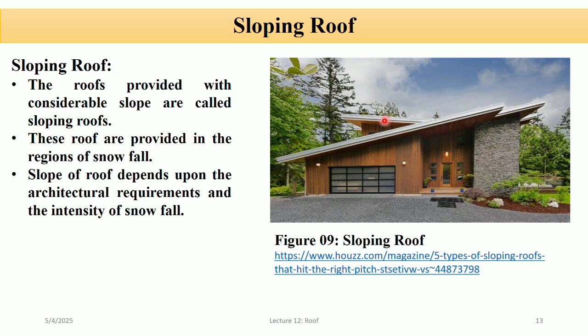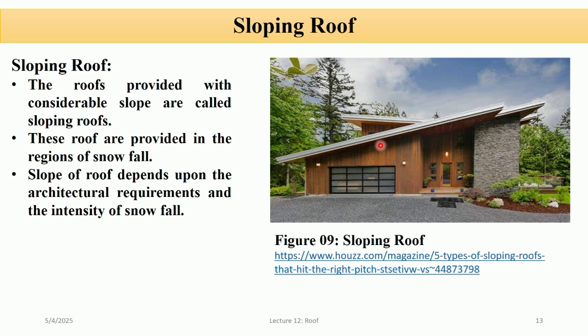This slope, also called the pitch, allows water, snow, and debris to slide off easily, which is especially useful in areas with heavy rainfall or snowfall. So the purpose of the sloping roof: we provide it in areas where there is snow. A sloping roof prevents the accumulation of snow.